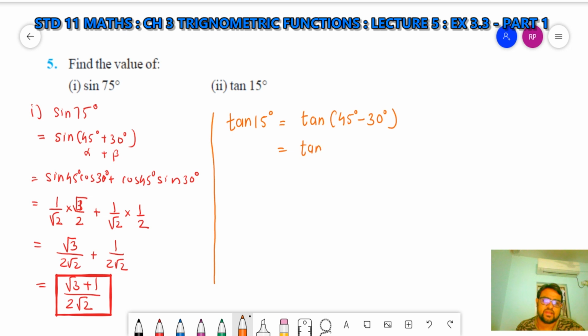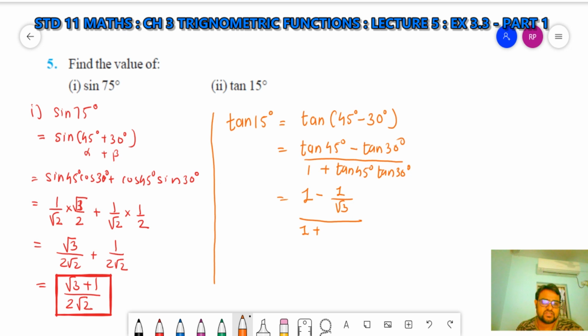Tan A minus tan B upon 1 plus tan A tan B. So tan 45 minus tan 30 upon 1 plus tan 45 tan 30. Tan 45 is 1, tan 30 is 1 upon root 3.